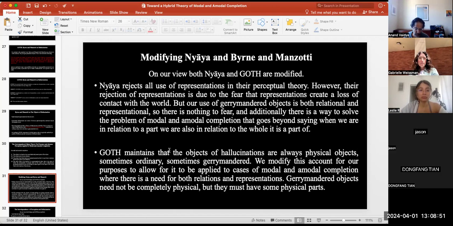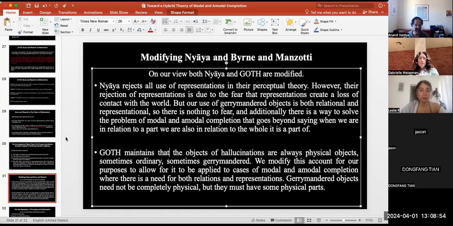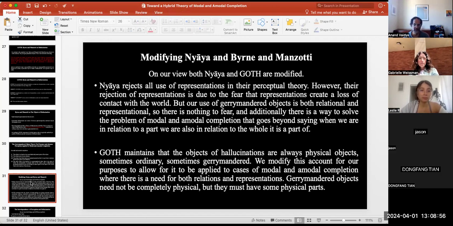relationalists. Okay, so Goth maintains that the objects of illusion are always physical objects, sometimes ordinary, sometimes gerrymandered. We modify this account for our purposes to allow for it to be applied to cases of modal and amodal completion, where there's a need for both relations and representations. Gerrymandered objects need not be completely physical, but they must have some physical parts, right?